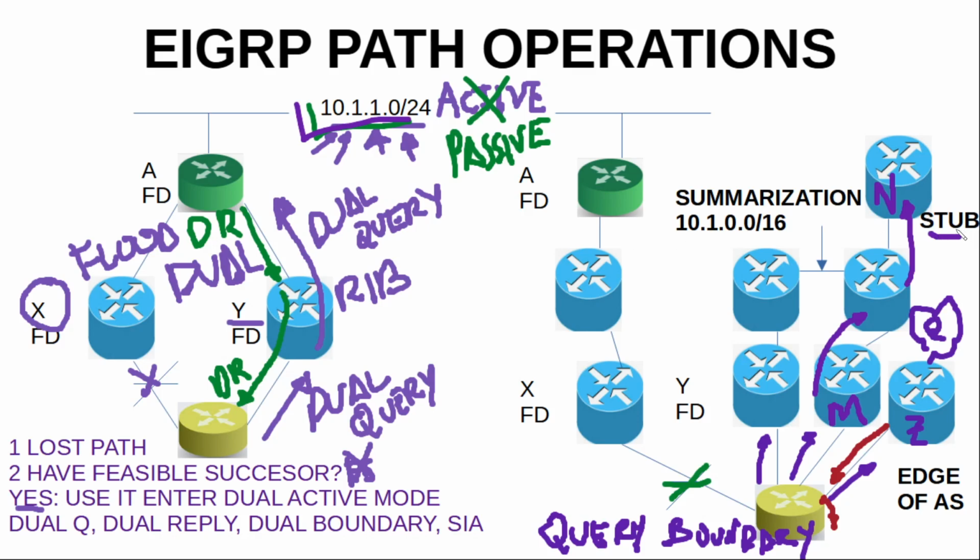These routers marked as a STUB are also query boundaries. So this router here will have to reply with a DUAL reply stating that a query boundary was found. So finally the response is sent back to the yellow router.